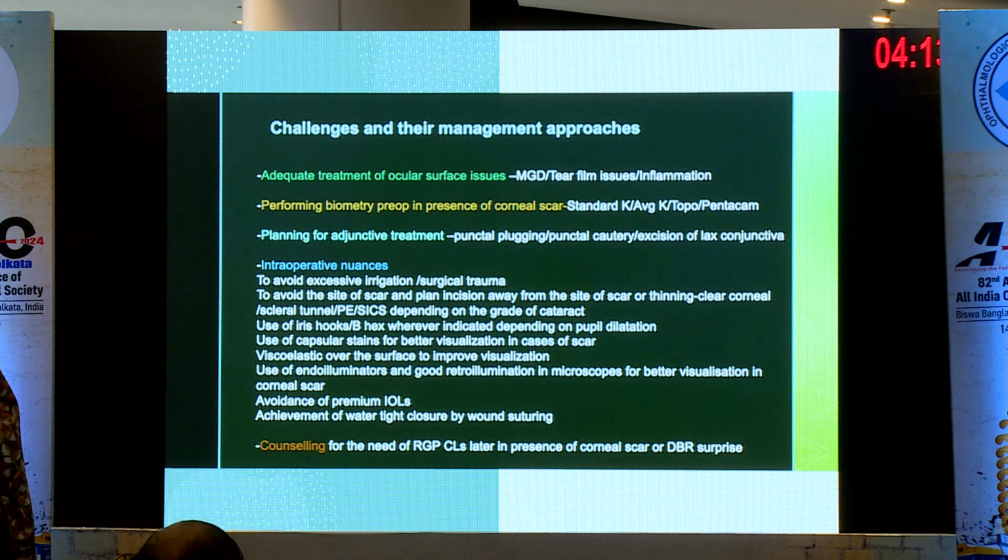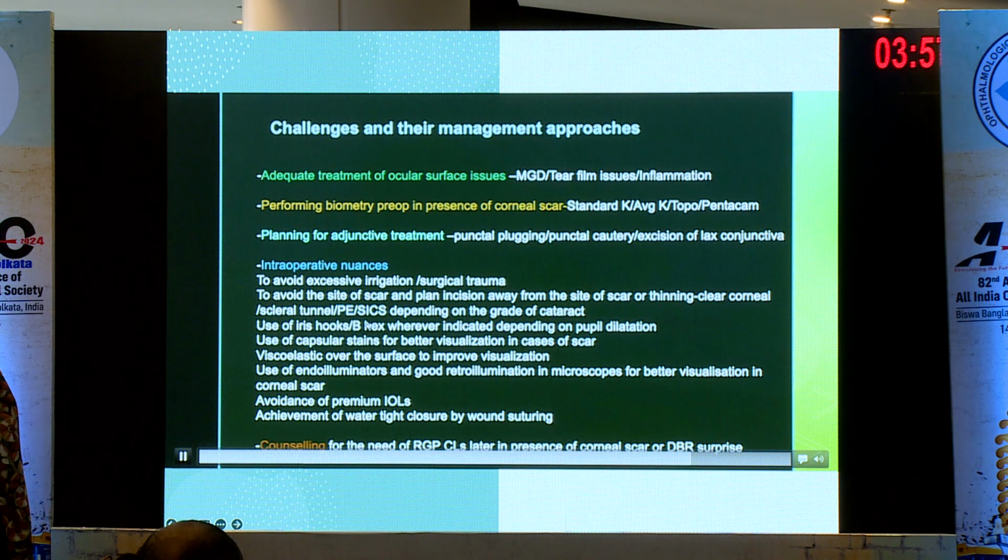So to conclude, address ocular surface issues; one has to resort to even Scheimpflug imaging for calculation of IOL power, addressing dry eye with punctal cauterization or plugging, excision of the lax conjunctiva and conjunctival chalasis, to avoid excessive irrigation during surgery.